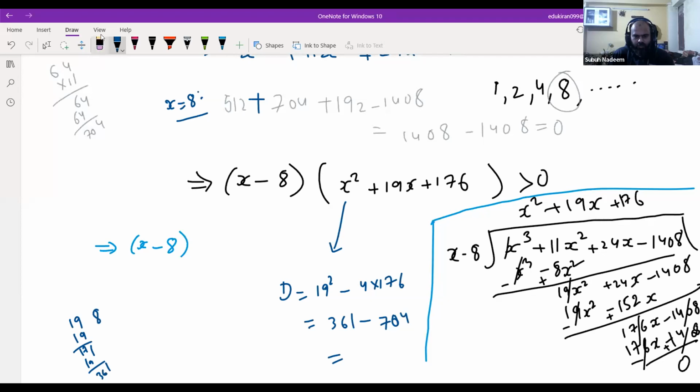So you need not even calculate further. You can easily see that the positive is smaller than the negative. So this is less than 0. Discriminant is less than 0. So no real roots.